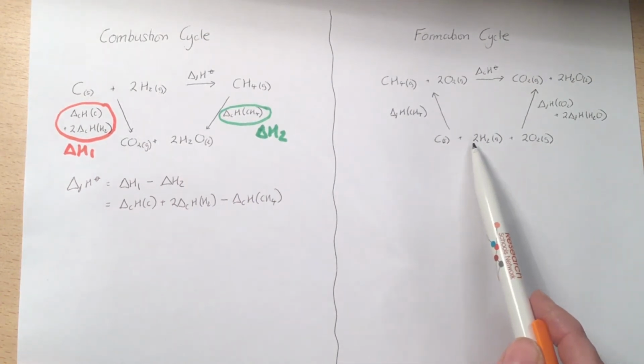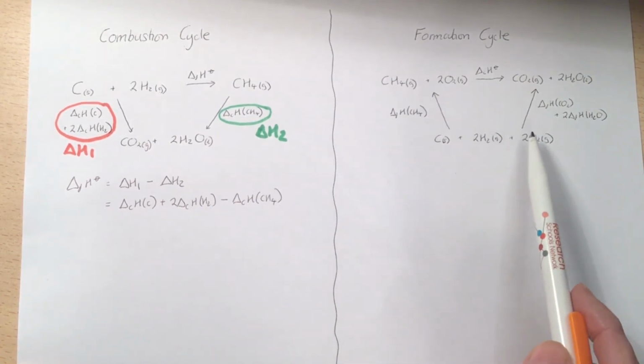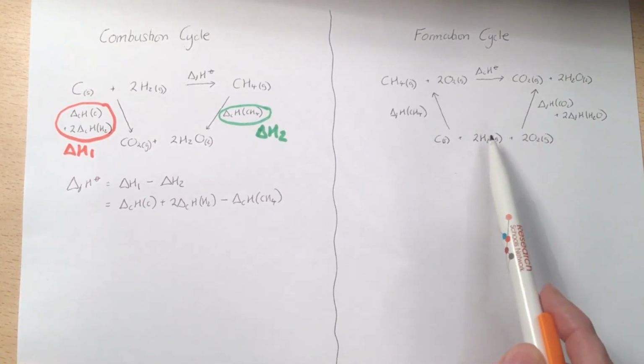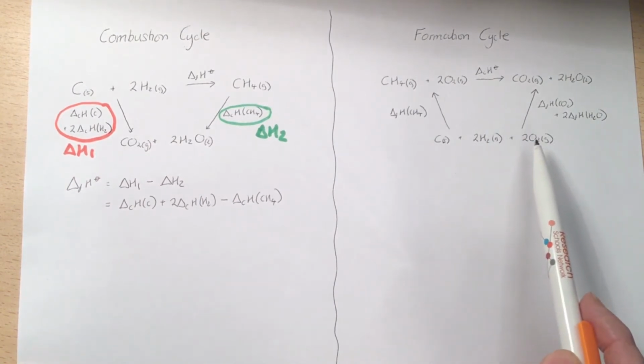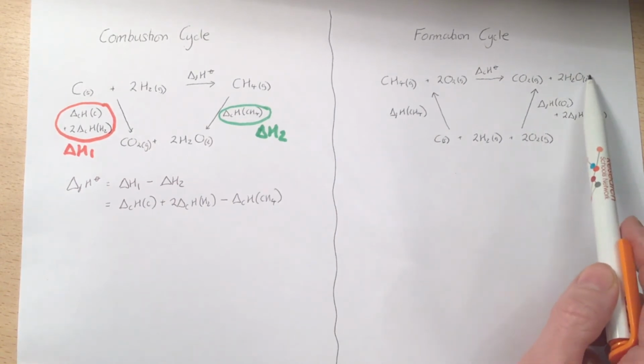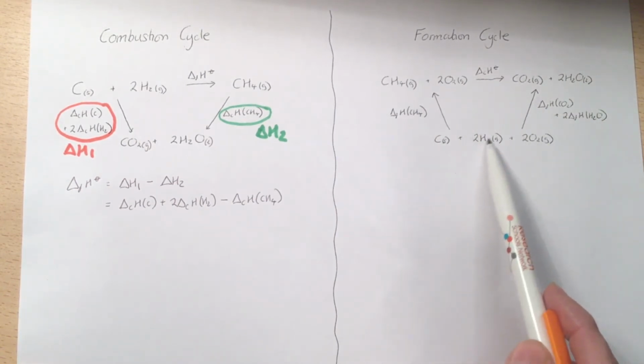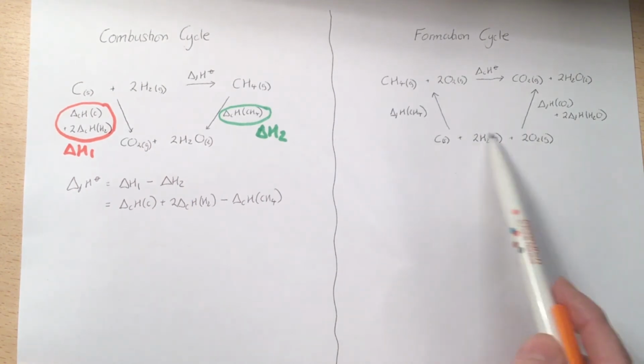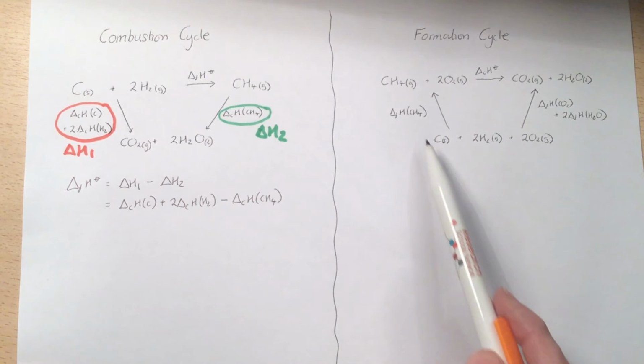Again, it's worth balancing because it helps to show how many of each type we're being formed. So we have two waters being formed here from these two H2s, and one carbon dioxide from this one carbon.